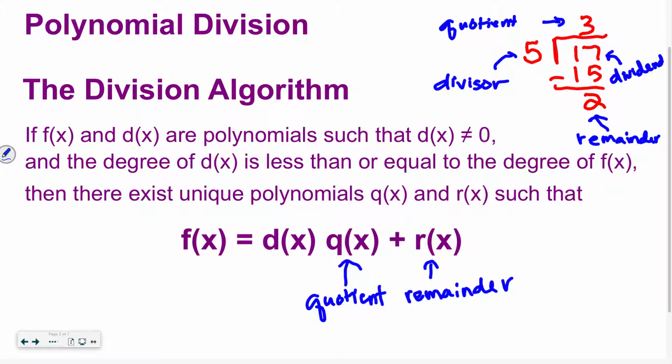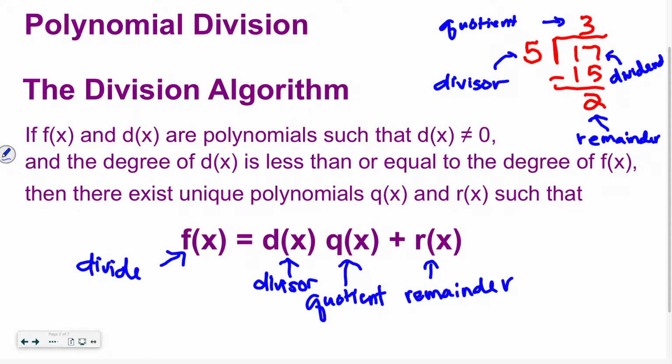And we have 2 words that start with D, divisor and dividend. The d of x in the division algorithm is your divisor. Yep, f of x will be your dividend.